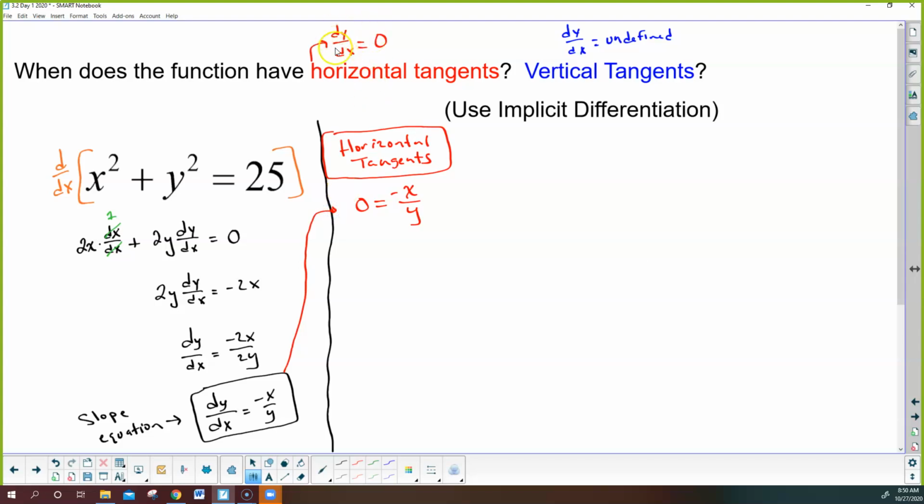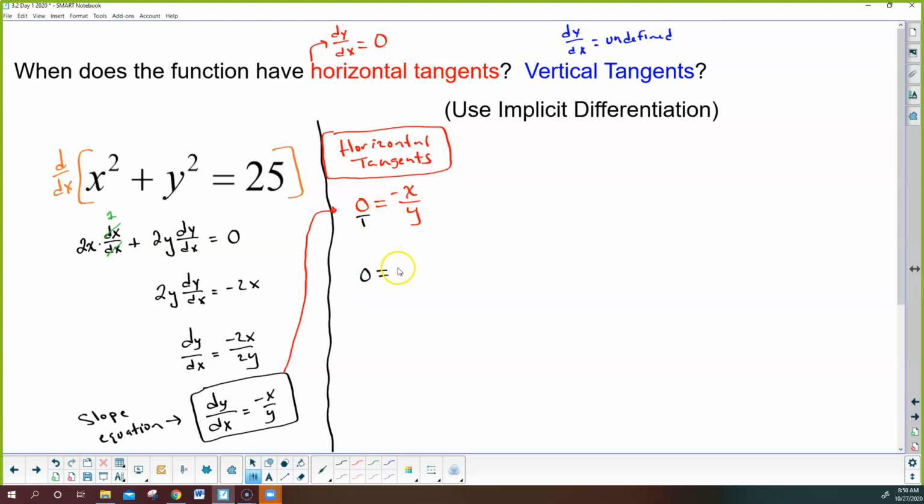Right? And that's our justification right here. dy dx has to equal 0. Now it's just algebra. The way I think of this, if I have a number equals a fraction, I like to think of it as cross-multiplying. And you're going to notice if you cross-multiply, 0 times y is still 0.